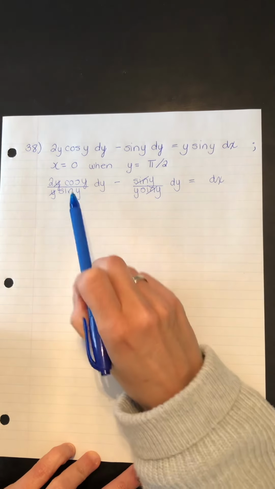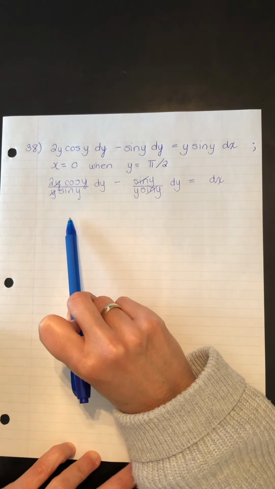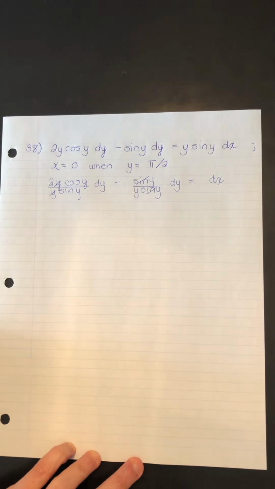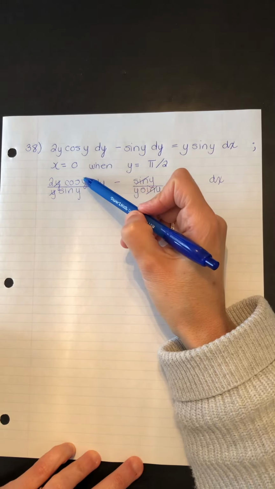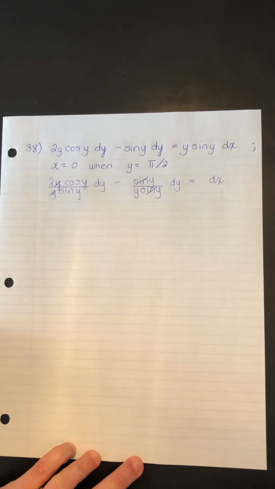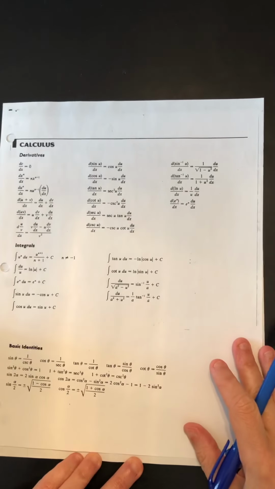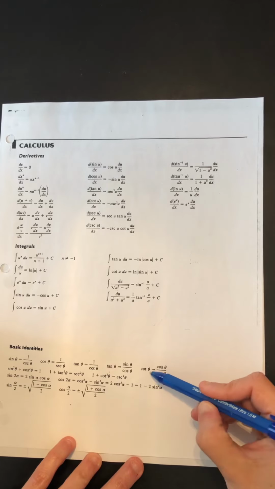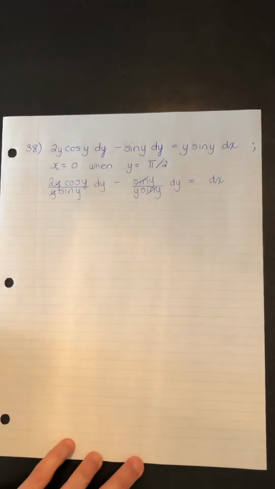Okay, so we could write 2 cos y over sine y dy here, and then it would require a u substitution in order to integrate, or we can simplify cosine y over sine y using an identity. Here, cosine y over sine y is the cotangent of y.